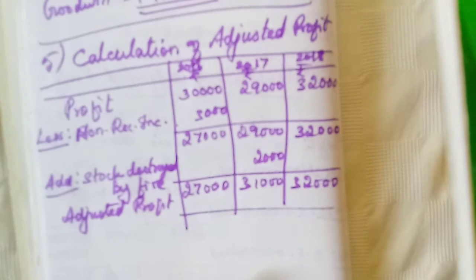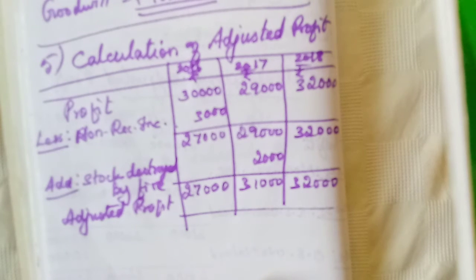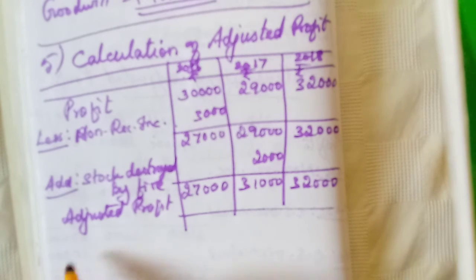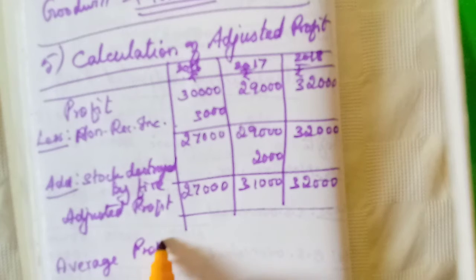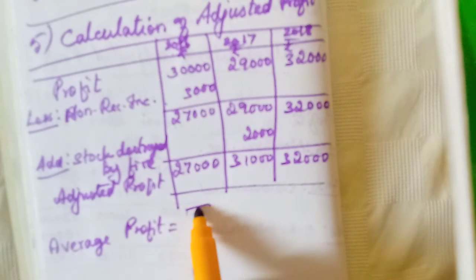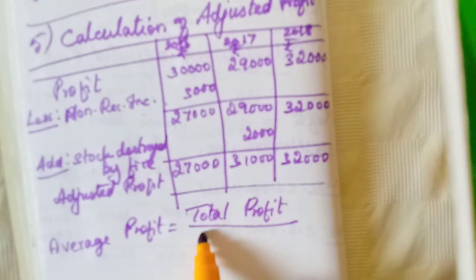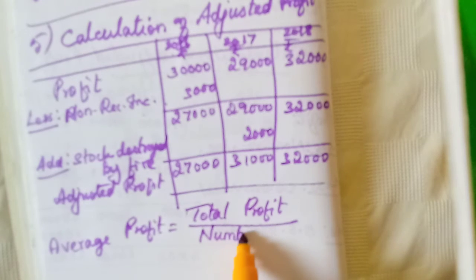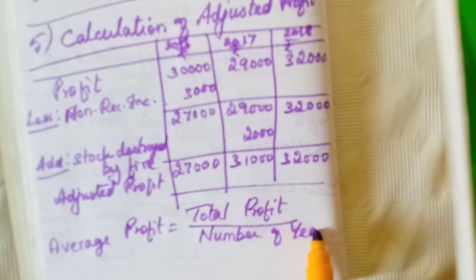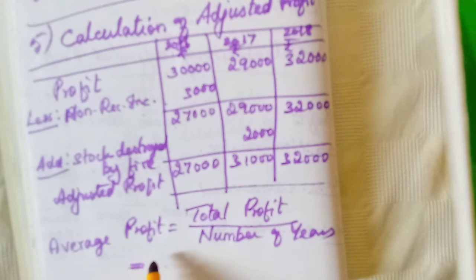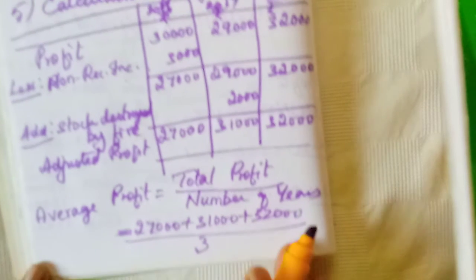Now we need to calculate the average profit. Write the formula first: average profit is equal to total profit divided by number of years. Add all three profits: 27,000 plus 31,000 plus 32,000, divided by the number of years, 3.